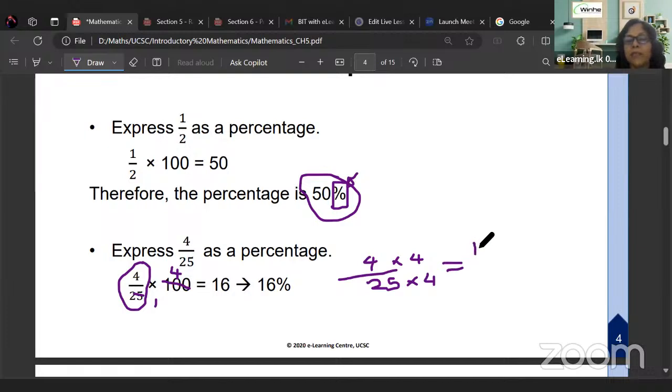The numerator will become 16, and the denominator is 100. So 4 divided by 25, you can write as 16 divided by 100. After coming to here, you can write it as 16%.